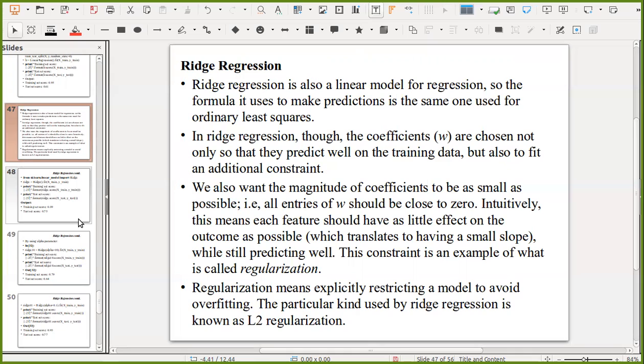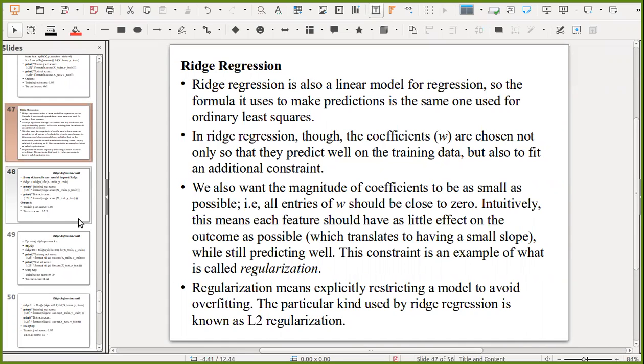Ridge regression may go for overfitting, and in ridge the coefficients W are not chosen only so that they predict well on the training data, but also to fit an additional constraint. We also want the magnitude of the coefficients to be as small as possible, so all entries of W should be close to zero.